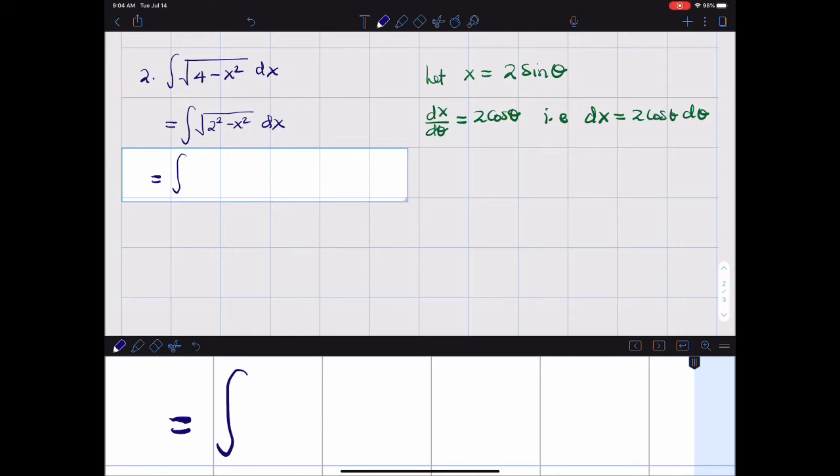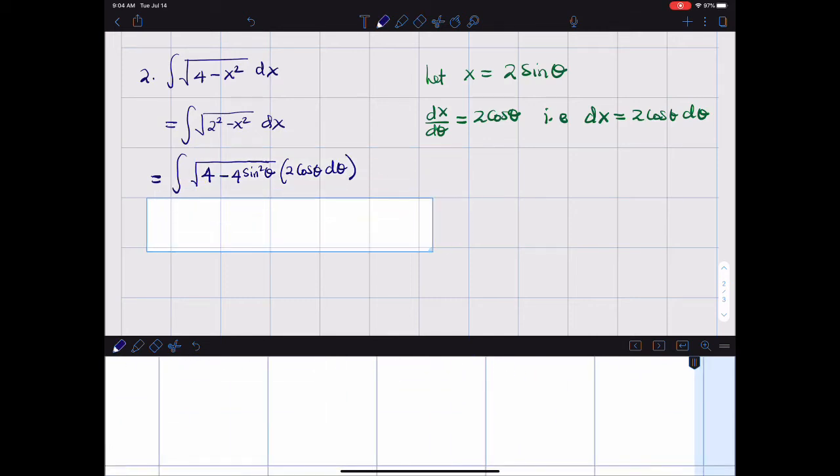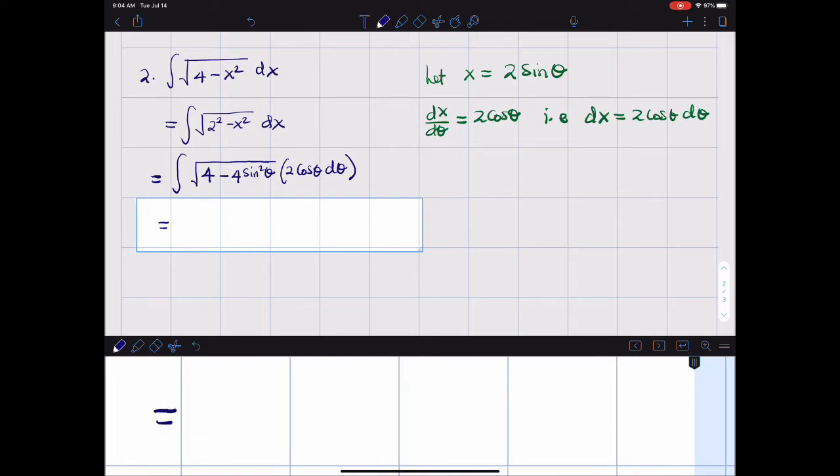So we end up with the integral of the square root of 2 squared minus x squared, which becomes 4 sine squared theta. So I'm going to change this to 4, what it originally was. But then our dx is 2 cosine theta d theta.